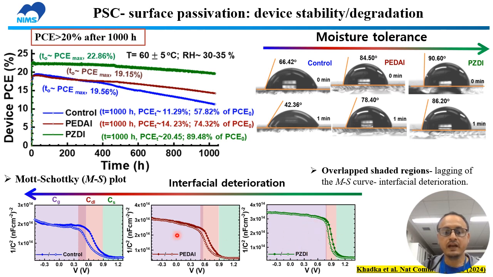Higher hysteresis means a deteriorated interface, and it also shows the PZDI treated film has a stronger, more rigid interface formation compared to the other surface treated or control film. This also shows the beneficial aspect of the PZDI treated film.